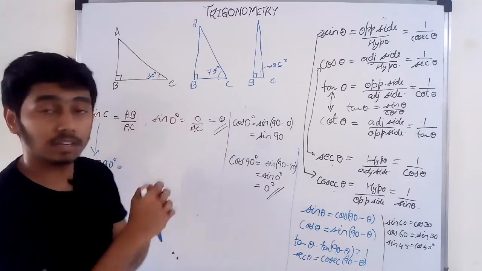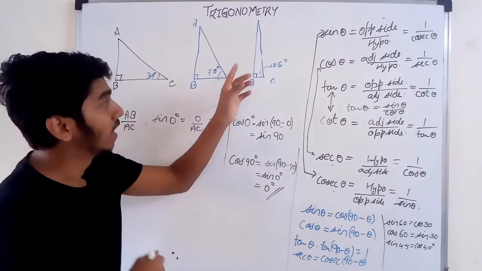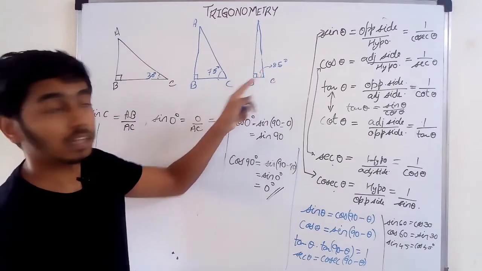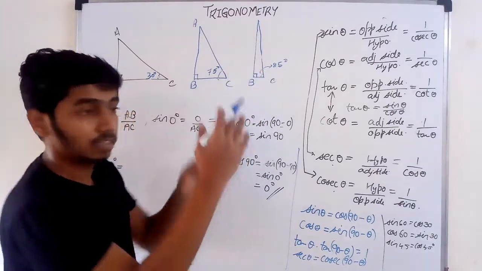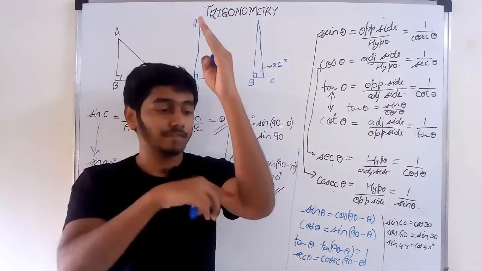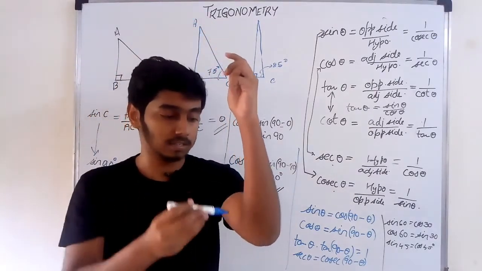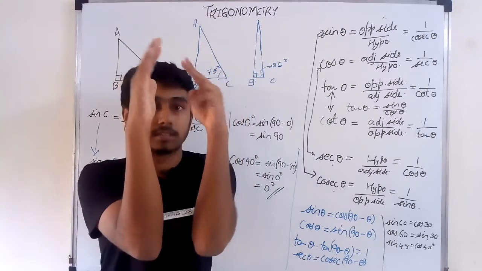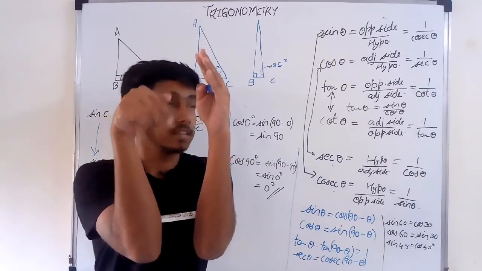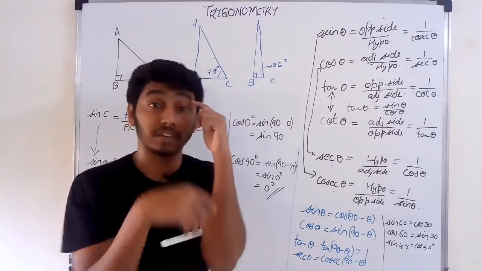I hope you are understanding if you try to imagine. And if you further increase this angle to 90 degrees, this and this angle will fall in a single line like this. These two angles are 90 and 85.